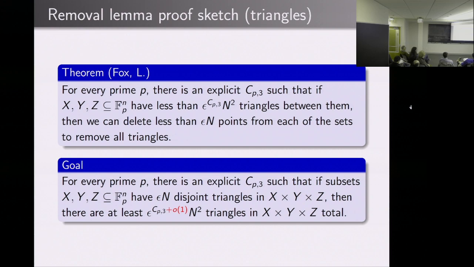If you recall yesterday in Peter Pak's talk, there was this product construction that once you have a small construction, you can take a product and get a construction in arbitrarily large dimensions.